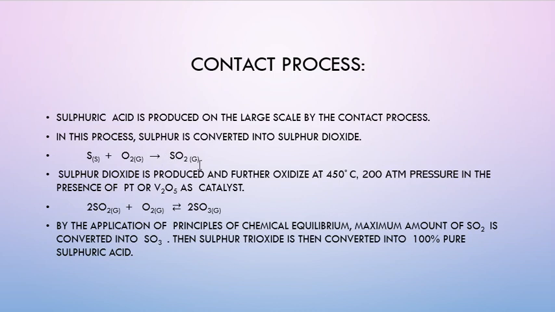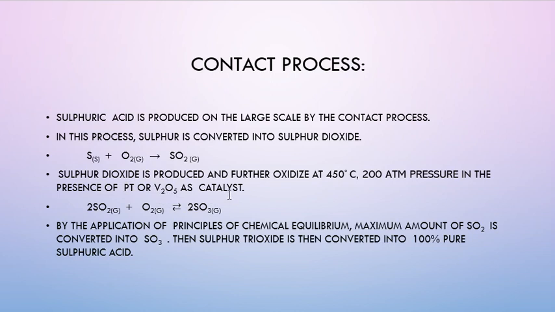When this sulfur dioxide is produced, it is further oxidized, meaning it is further reacted with oxygen at 450 degrees Celsius temperature and 200 atmospheric pressure in the presence of a catalyst, which is platinum or vanadium pentoxide, that are acting as a catalyst. Again, what is the catalyst going to do here?